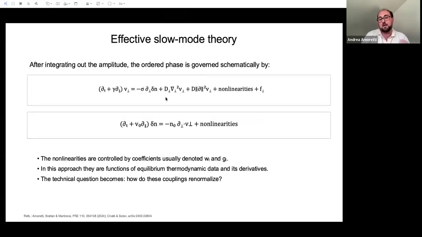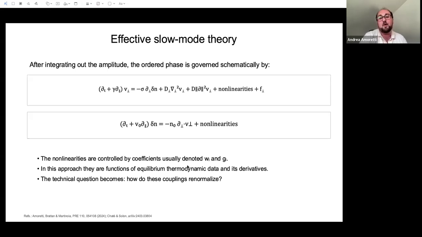If you do that using our approach, using the thermodynamic generating functional, you find a couple of equations for the perpendicular velocity. The parallel one is massive, and we have integrated it out. They depend on the diffusion constant, which you cannot fix in this approach. They are just specific to your system, plus some nonlinearities. These nonlinearities are controlled by phenomenological coefficients, which in the literature are typically called W and G.